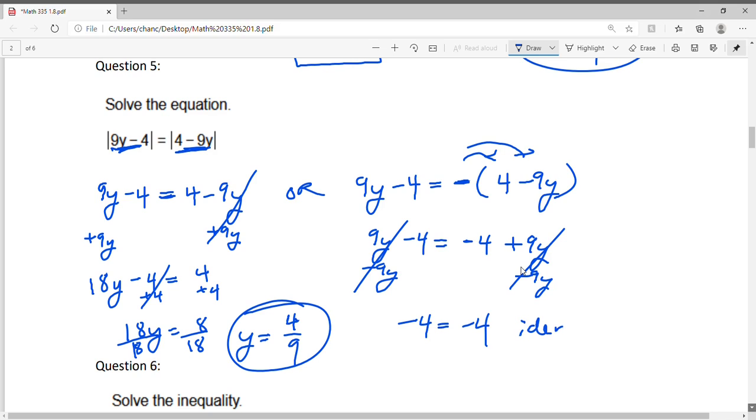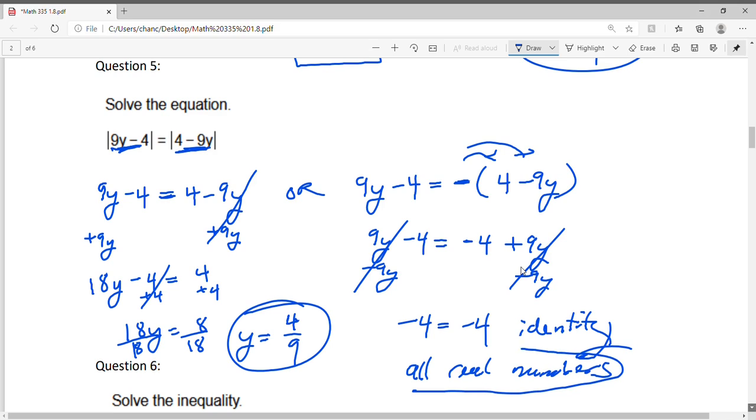This is an identity, which means all real numbers is going to be our solution. All real numbers. Because that includes 4/9, we're just going to say our solution is all real numbers, because no matter what we plug in, it's always going to be true. Negative 4 is always equal to negative 4. All real numbers works for this problem.